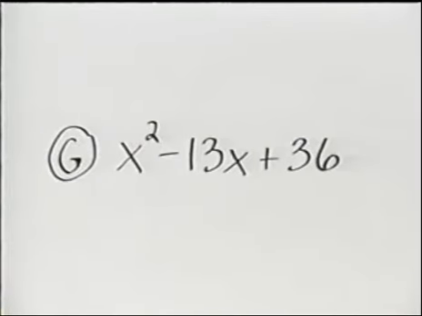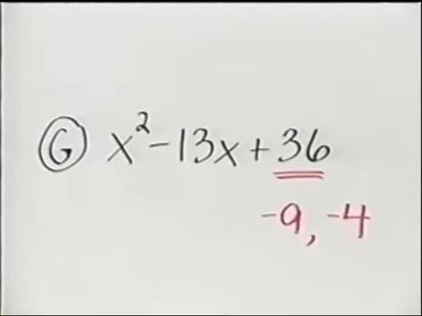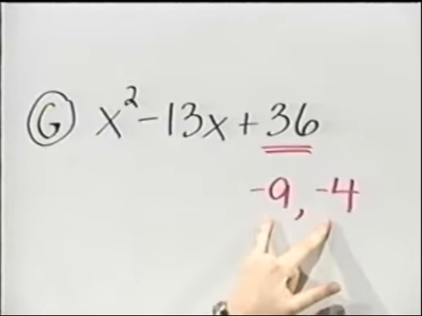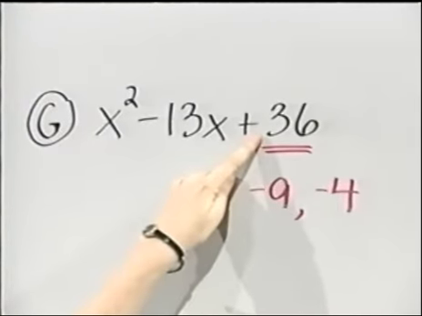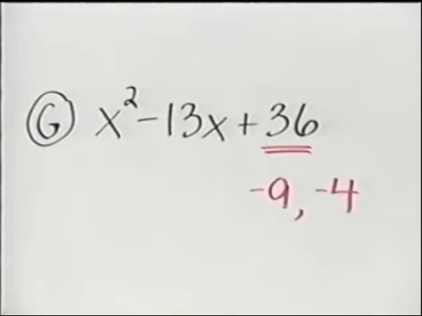Looking at the positive 36, you want two numbers that give you positive 36, and at the same time combine to give you minus 13. So go through your head, try to come up with some numbers. I think that 9 and 4, in fact, they both have to be negative. Negative 9 and negative 4 will work because when they multiply, they give you positive 36, and when they add up, they give you negative 13.